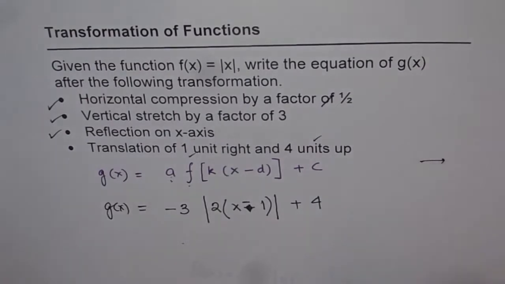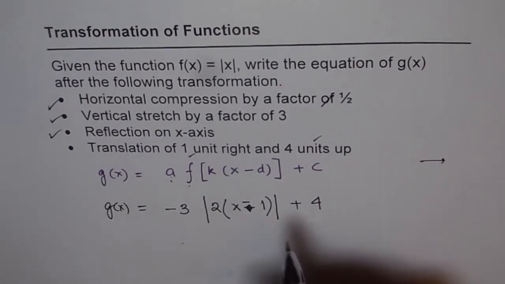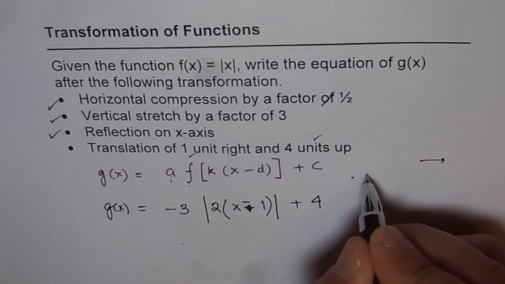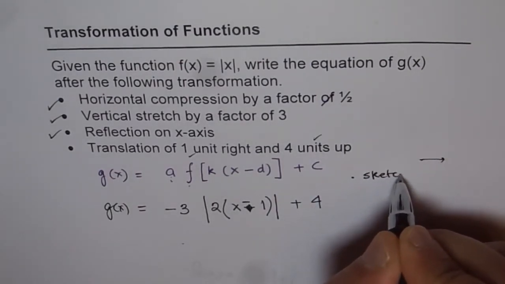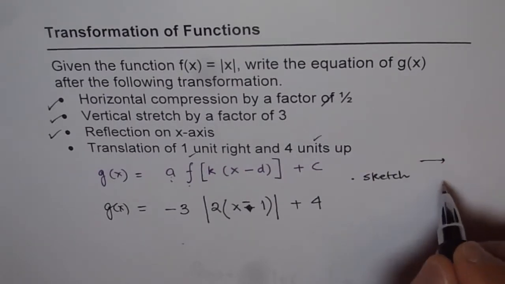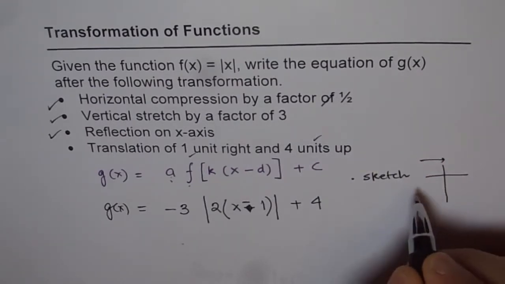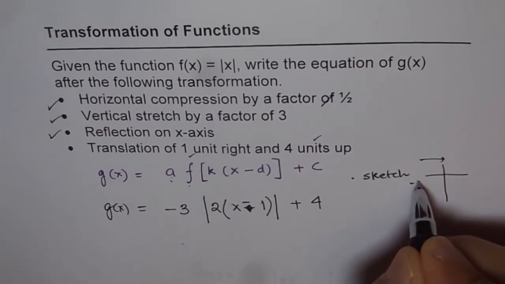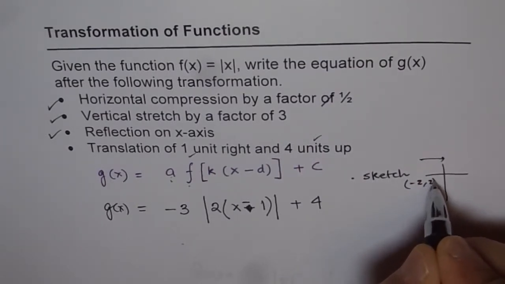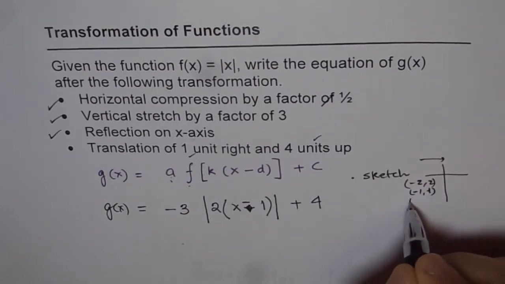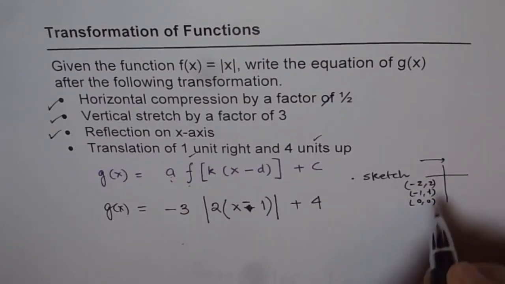The transformed function. Now as an added exercise, what you should do here is sketch the function. So first sketch the function. To sketch the function, you can take critical values, which for the absolute function, you can take x values as minus 2, 2, minus 1, 1, 0, 0.